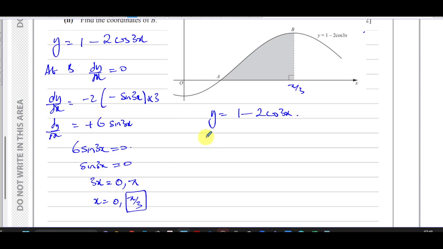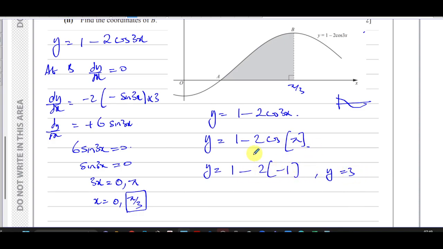If I replace the x with pi over 3, I have 3 times pi over 3, which is pi. So y is equal to 1 minus 2 times the cosine of pi, which is negative 1, because the cosine curve goes like this. So that's going to be y equals 3.